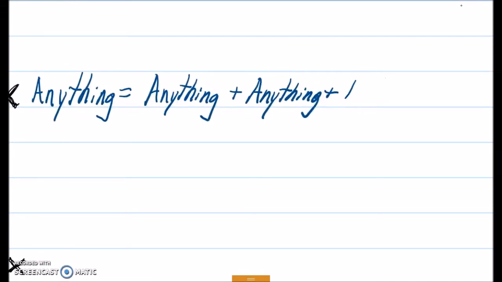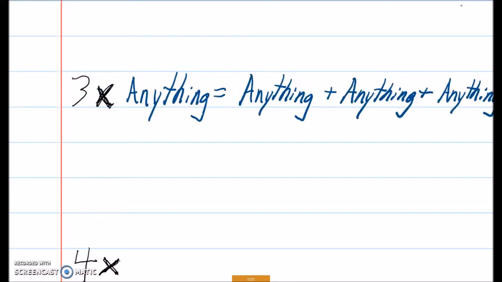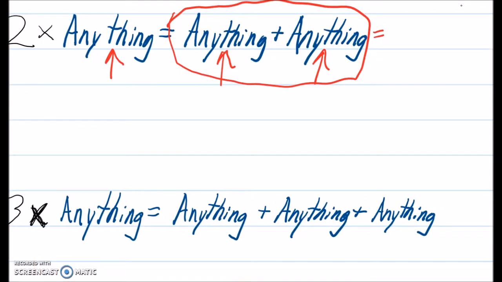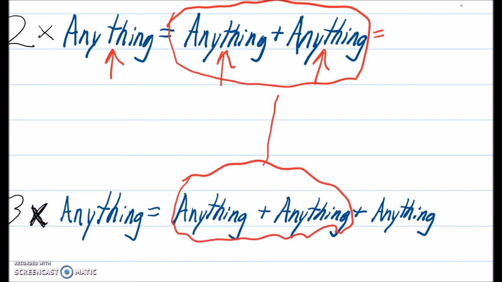But honestly the best thing is for you just to memorize this one. At least that I can think of, there isn't any good way of remembering this, other than maybe you could do 2 times and then add another anything. You could notice that this is the same thing as up here, but other than that, there's not much to notice.